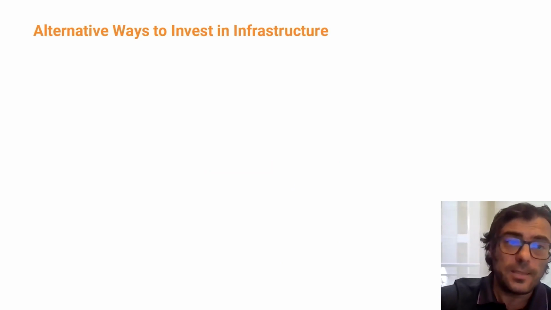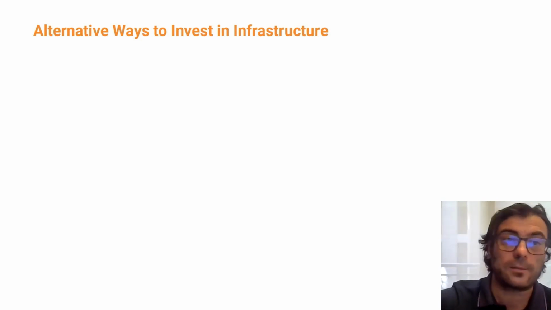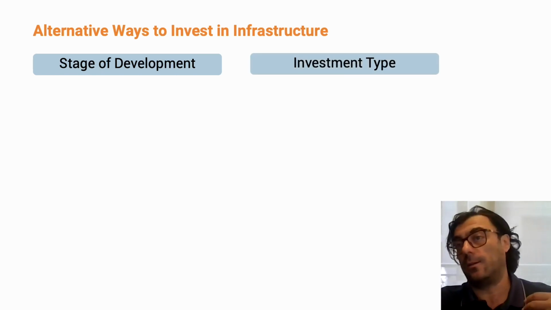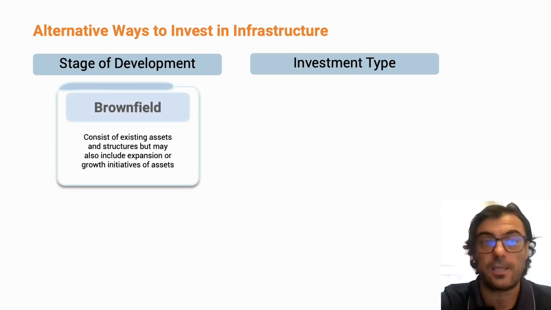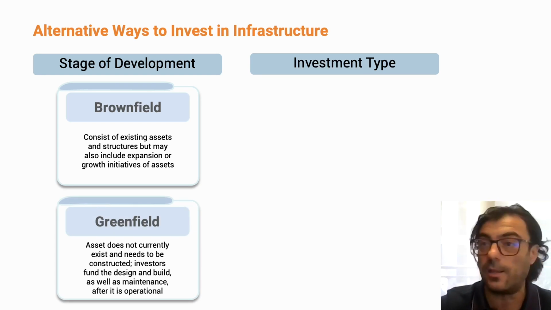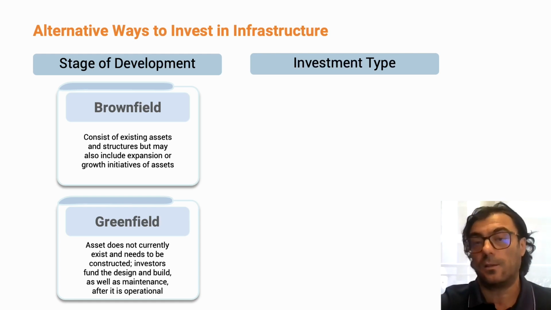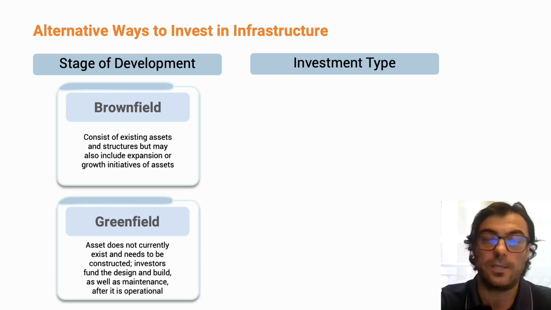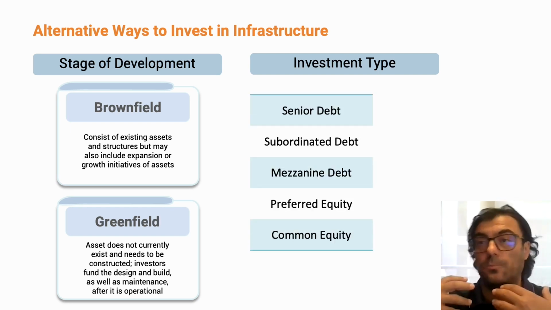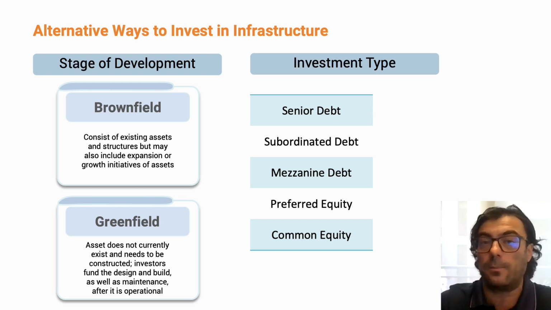Now, there are many ways to invest in infrastructure. One is at the stage of development. There's a brownfield stage and there is a greenfield stage. Greenfield is really when pre-planning, a brownfield when the construction is in progress. There are also, for Sharia compliant investors, not all are available.